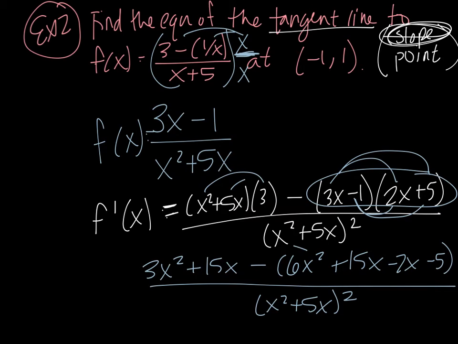And we do need to distribute this negative sign. We could go ahead and simplify these two. That's going to give me 13x. And then I need to distribute this minus sign to everything.